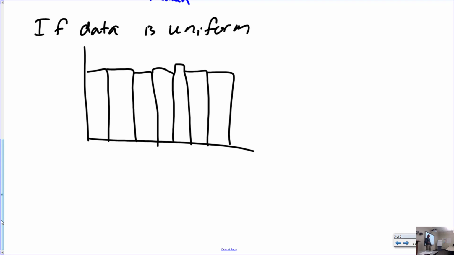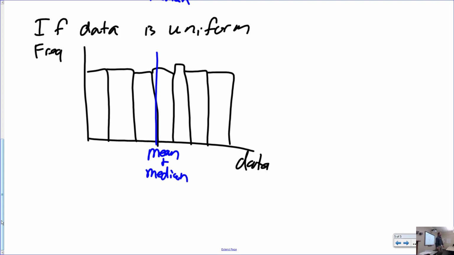So if your data is uniform, think of these things as frequency and data. I don't even need to put numbers on this necessarily, just giving you the idea. Basically, when the data is nice and uniform, your mean and your median will basically be right next to each other, okay?